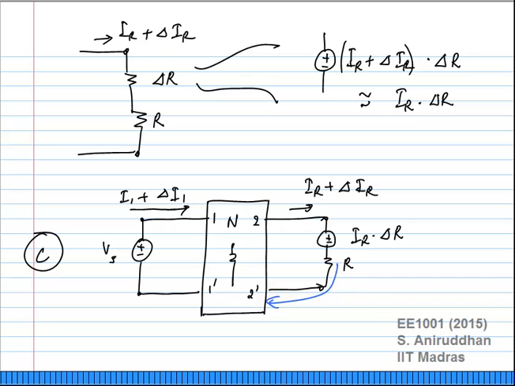Before that, what you do is you replace the delta R, the extra resistance, using the substitution theorem.